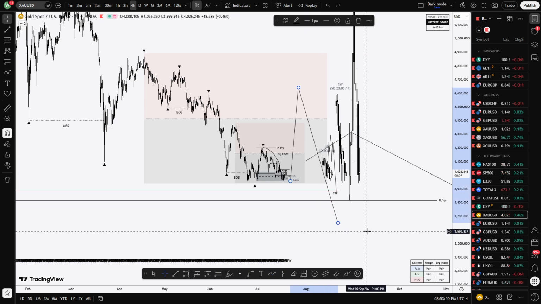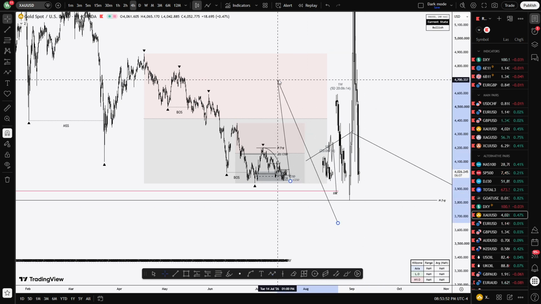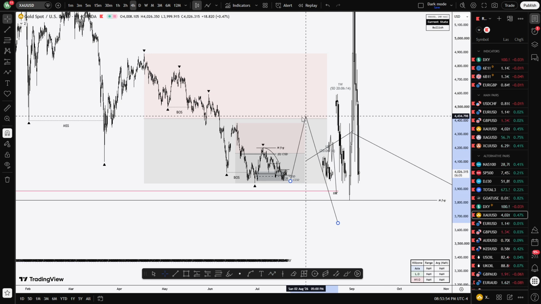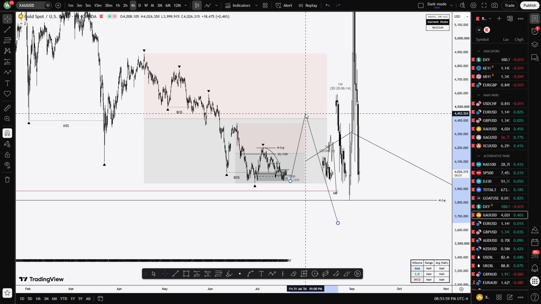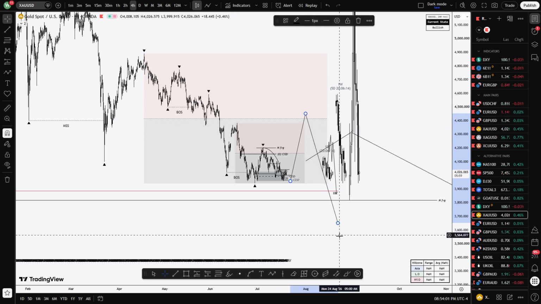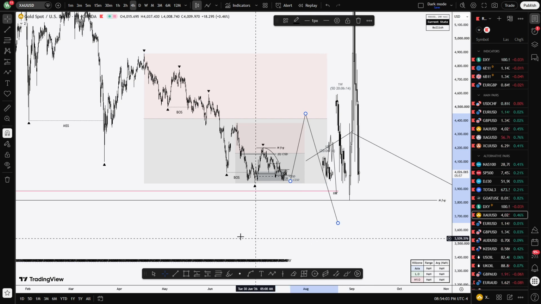And then come back down. It might not be this deep, it might be here, right? Or really after sweeping the zone. It might be here. And then price will come back down.